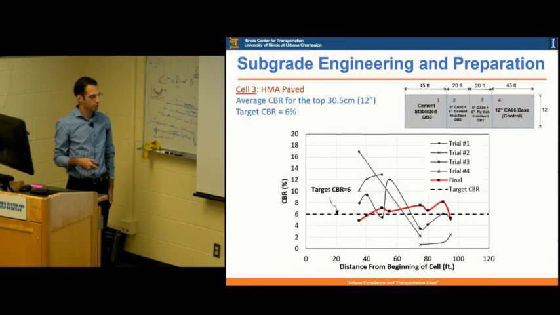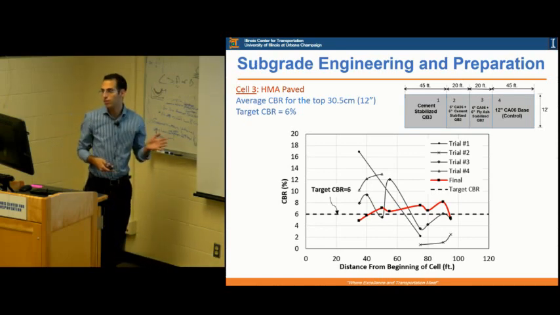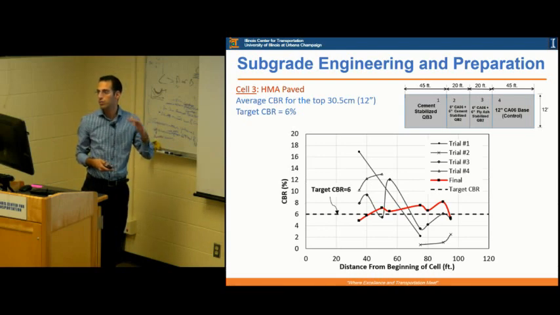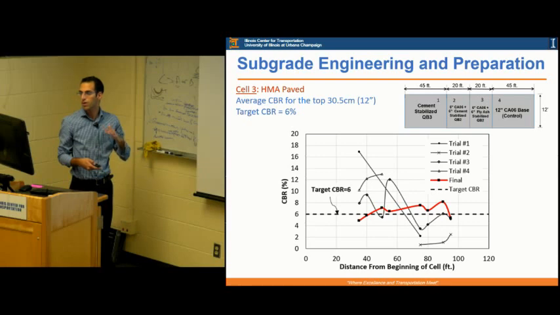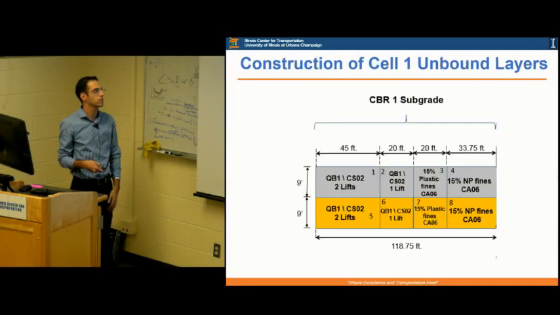Similar thing for cell 3. And this target CBR was 6, and we were getting CBRs from 5 to 8 almost, but they were all around 6. So that was the first step, so that we have a controlled subgrade to build the applications on top of it, so that we can compare one-to-one performance of the applications if everything is kept constant.